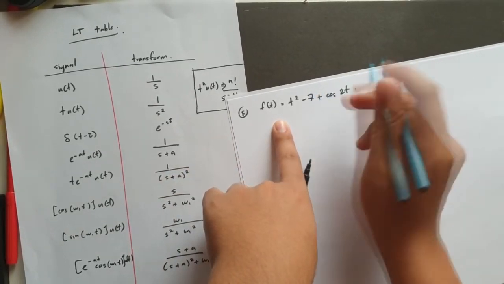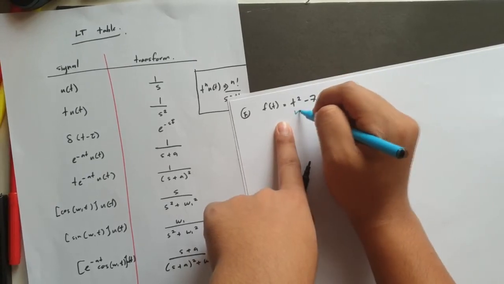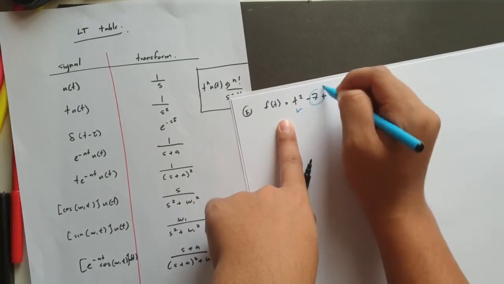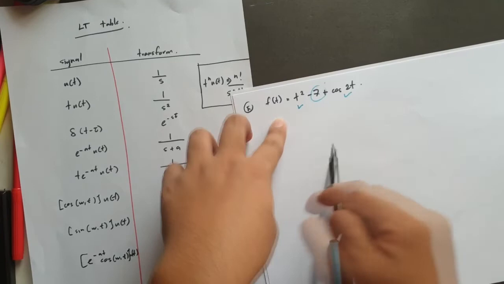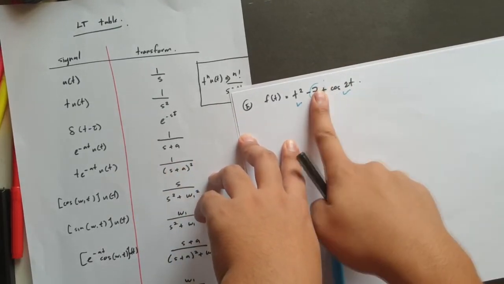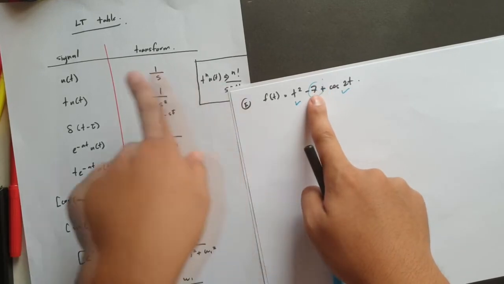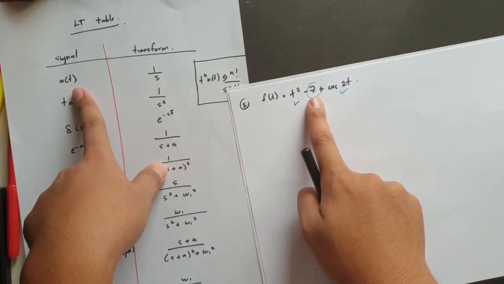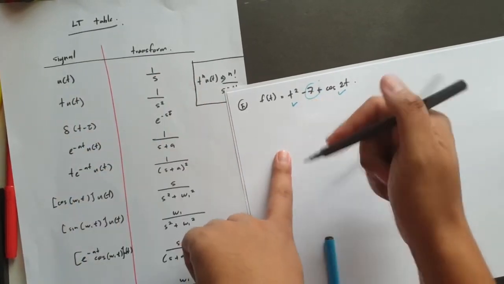You already know this one, so how about this? This is 7 u(t), and u(t) is equal to 1 over s.